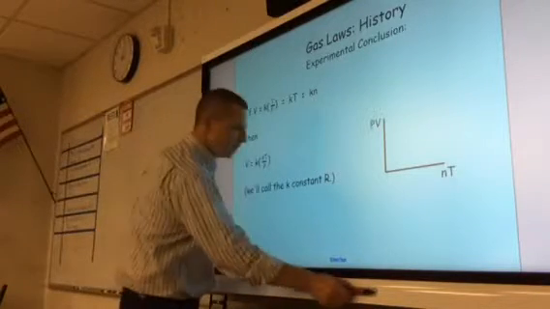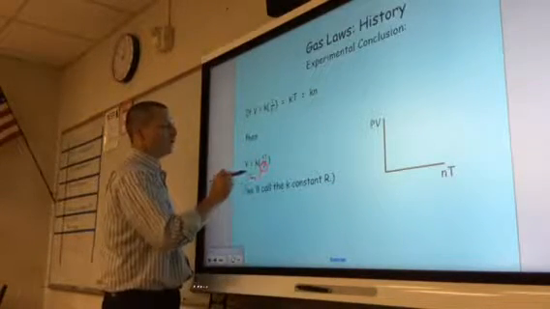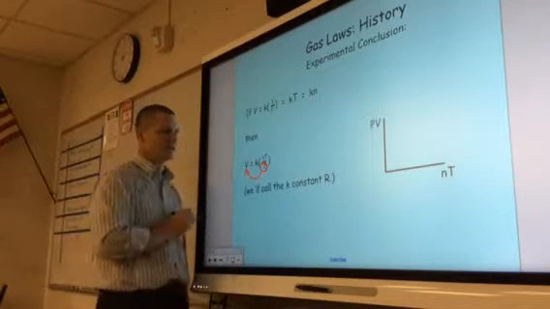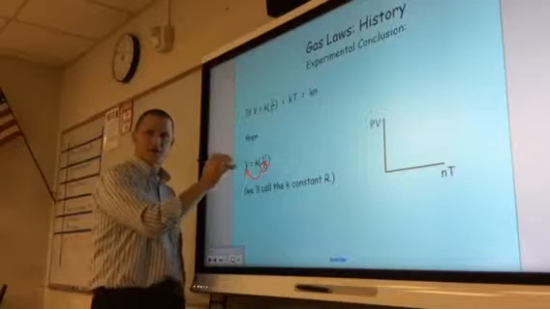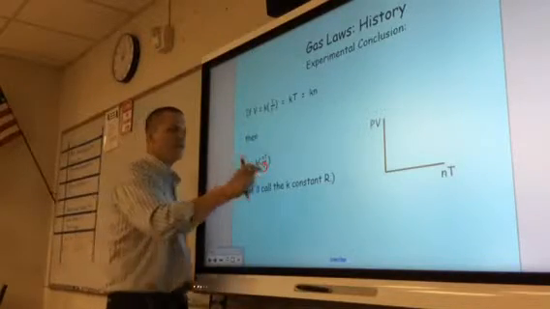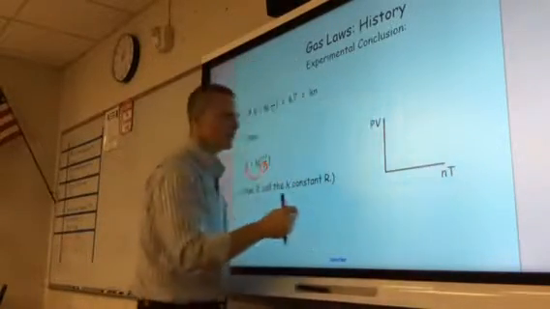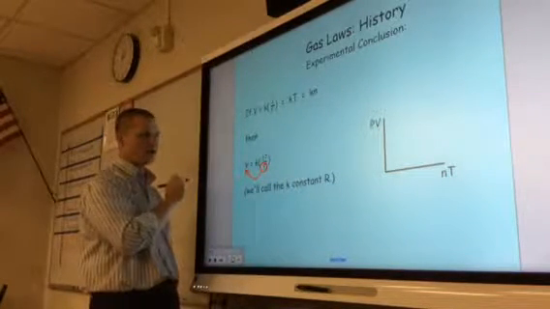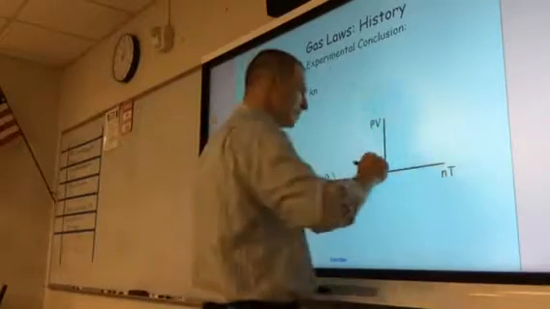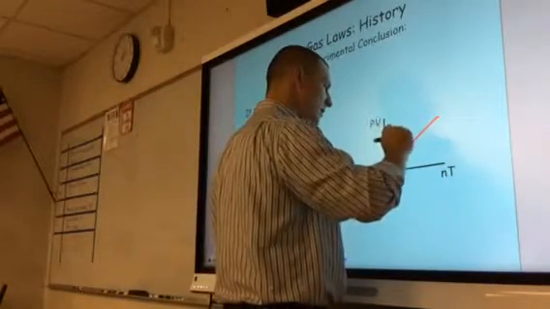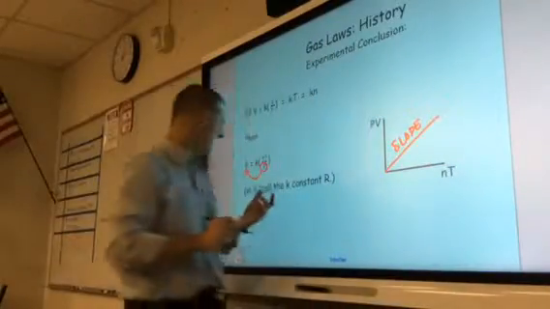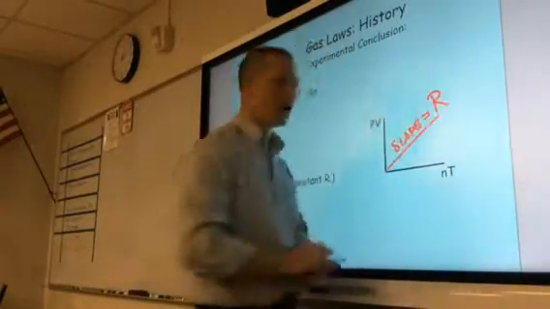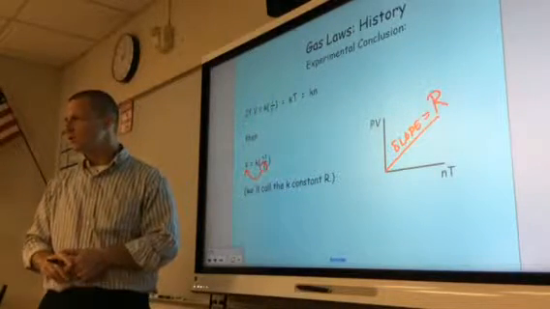Now, if we take the P and we move it over to the left side, then we're going to have PV equals K times NT, K being the constant in this case. And if we plot NT on the x-axis and PV on the y-axis, remember the P is over here with the V, then the slope is going to equal what we'll call R. And you know what R is?